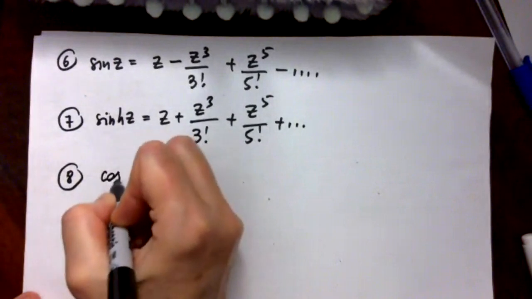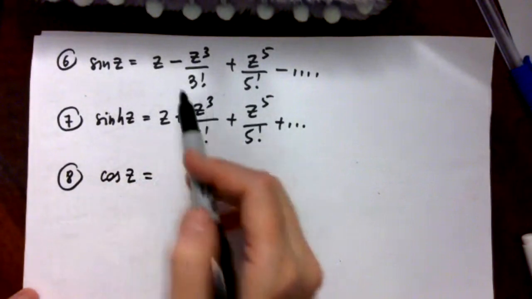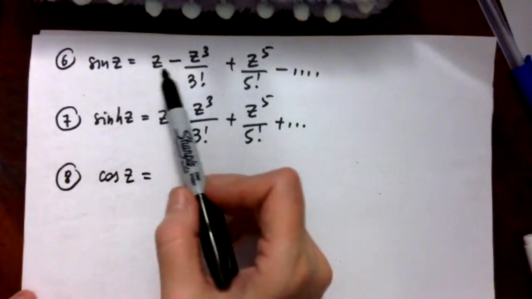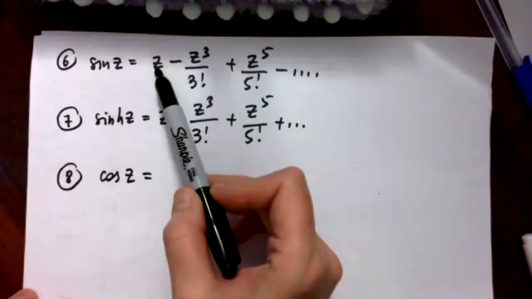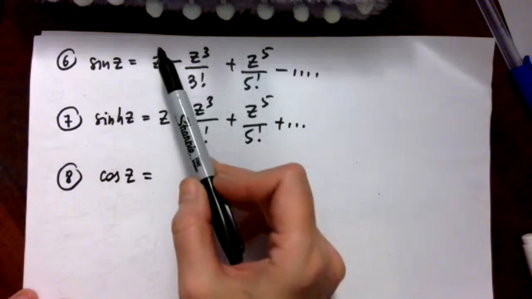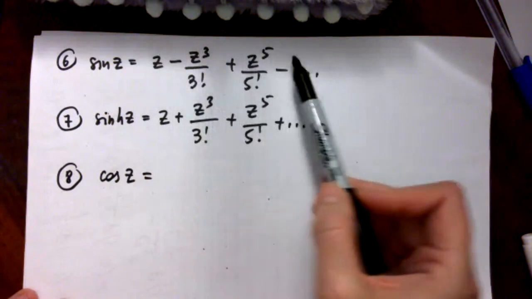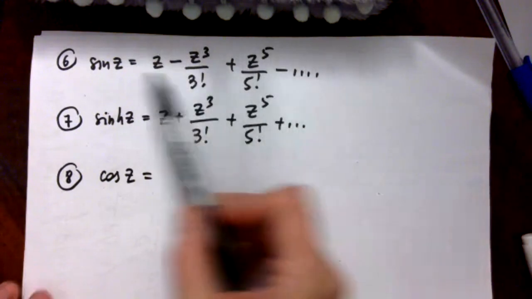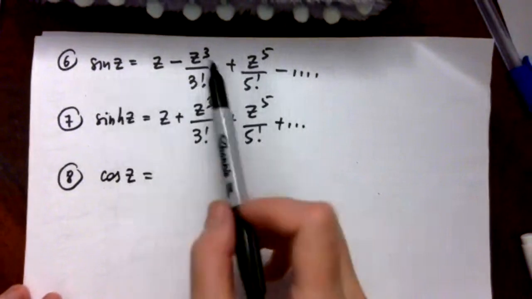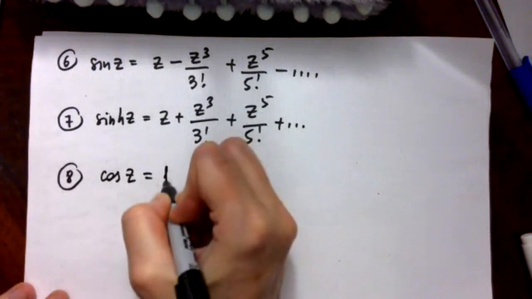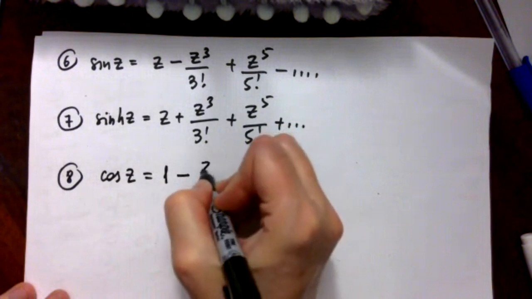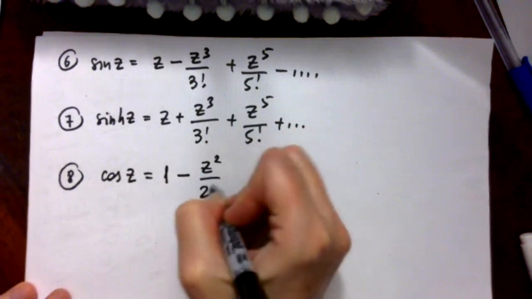Okay, now we need to move to cosine of z. And one characteristic of sine z, look at this. It has only odd powers of z: 1, 3, 5, the next one will be 7, 9, and so on. So sine always has only odd powers, as opposed to cosine, which has only even powers. Look at this.